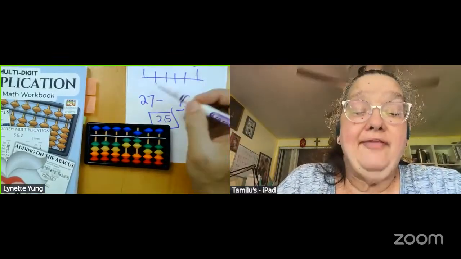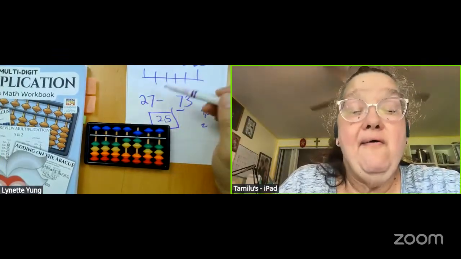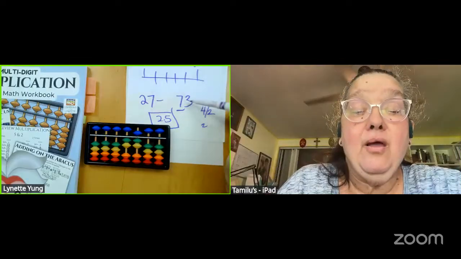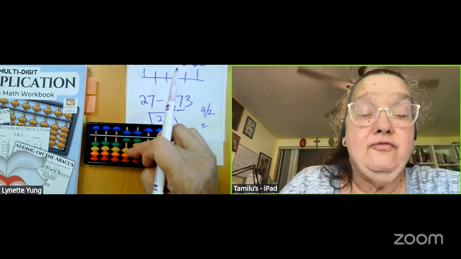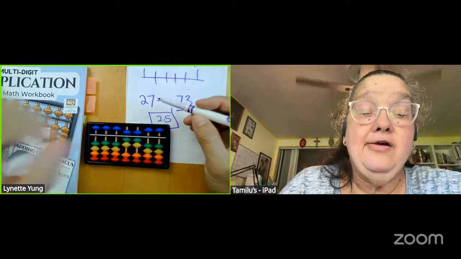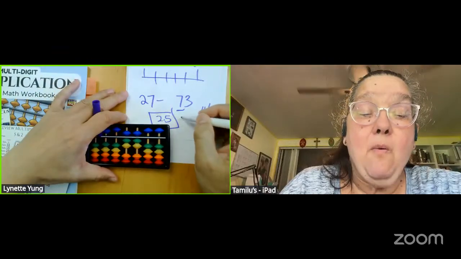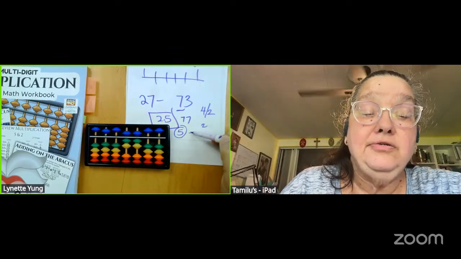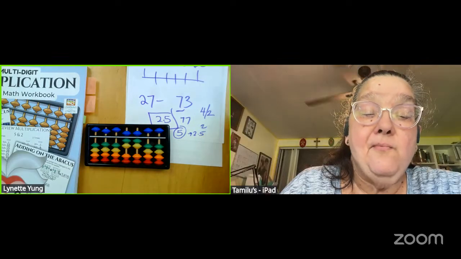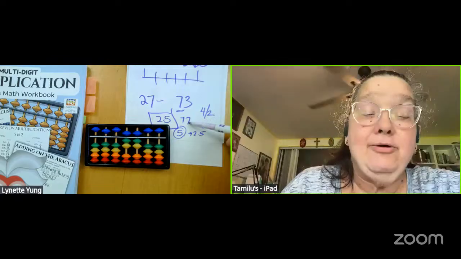So here, I want to count from 27 to 73, right? So I count 1, 2, 3, 4, 5. But I'm at 77. I did it 5 times. So half of 5 is 2.5. Right. I got it at 77.